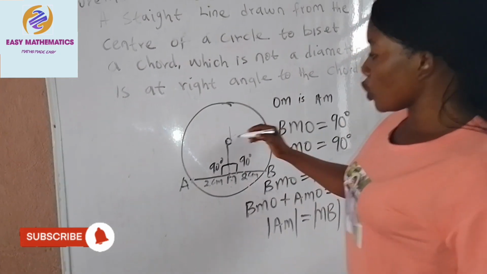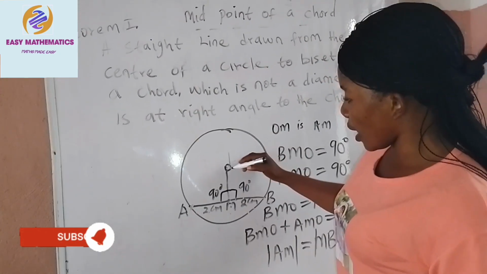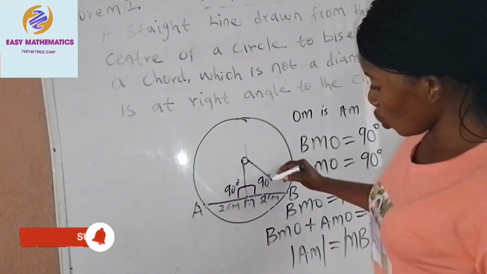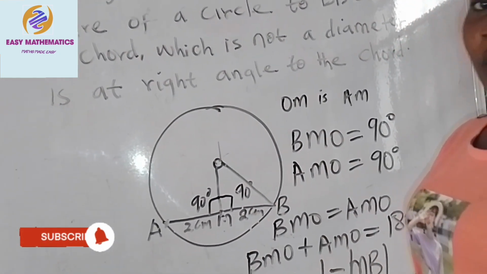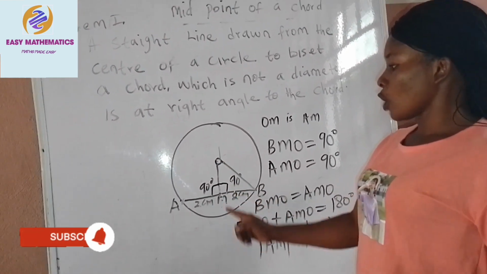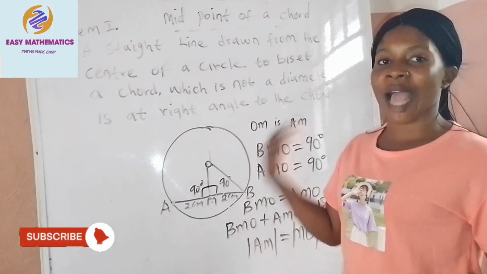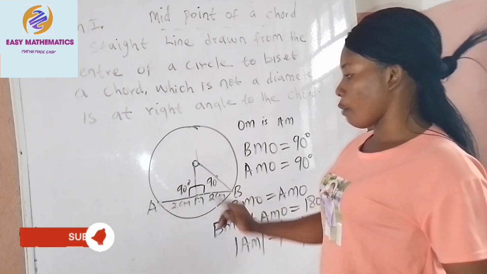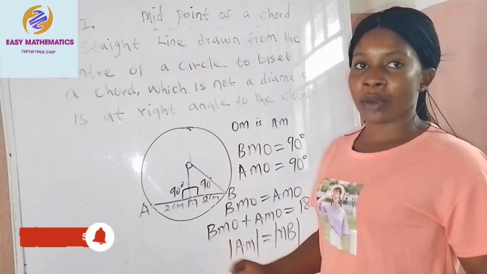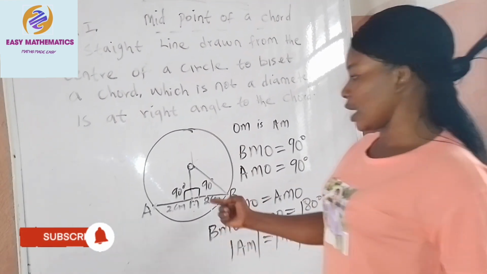Now, if we draw a line from our center O to meet B, you see that a triangle will be formed. This triangle, we'll call it a right angle triangle, a triangle of 90 degrees.